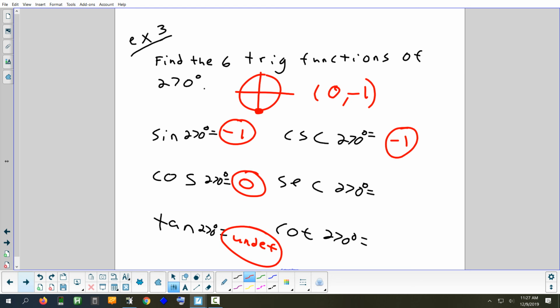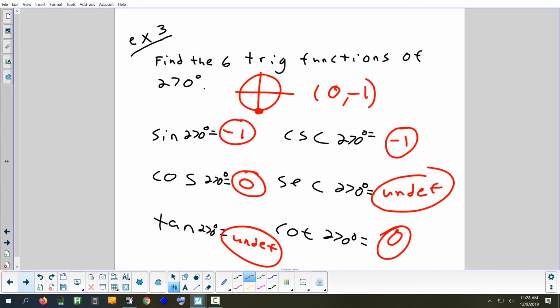Oh, 1. 1 over 0, which is undefined. And Caleb, how about my cotangent? 0. And what is 0 divided by 1? Correct.